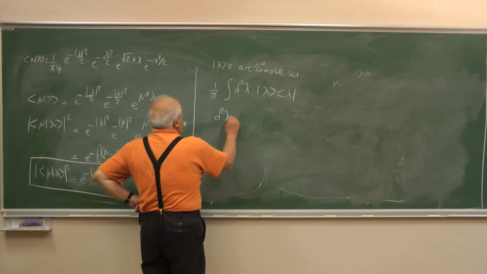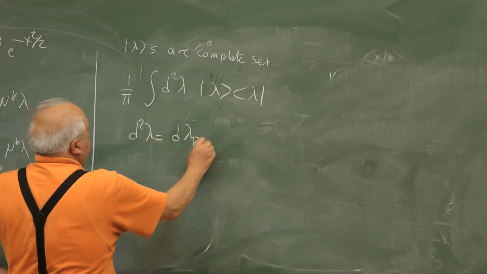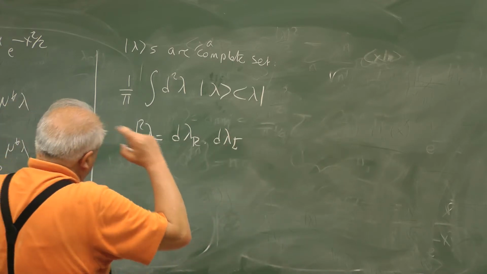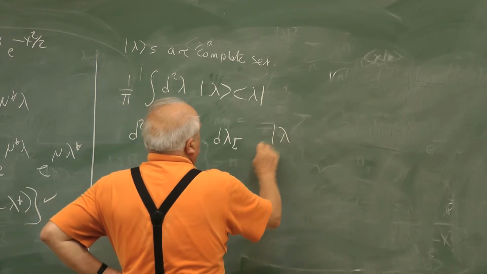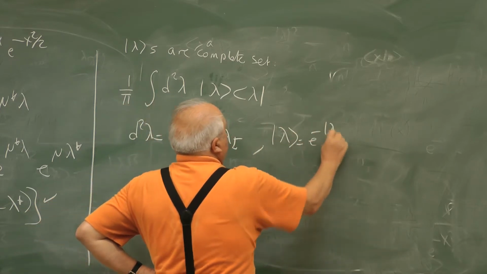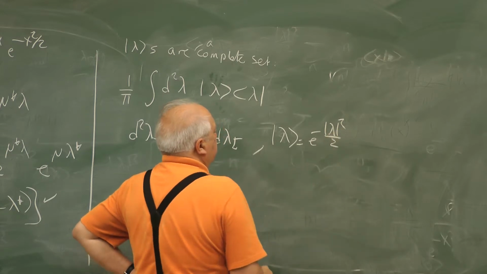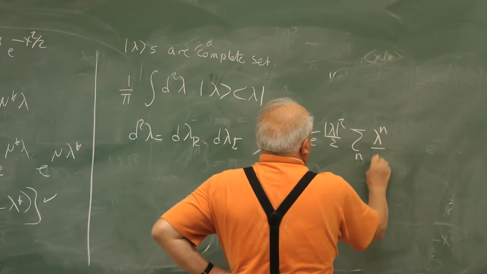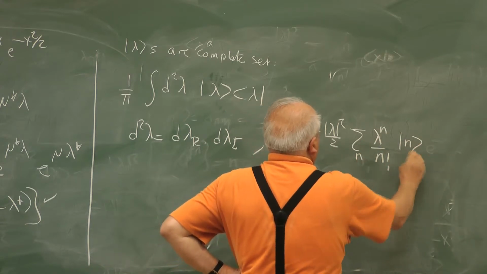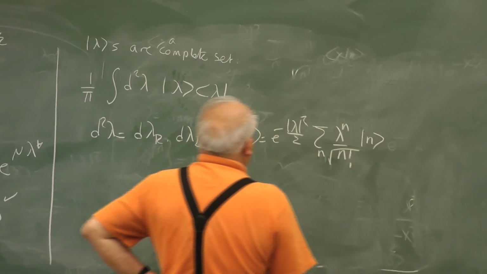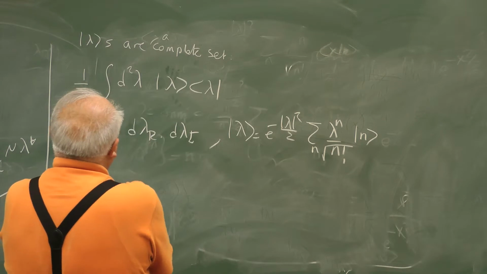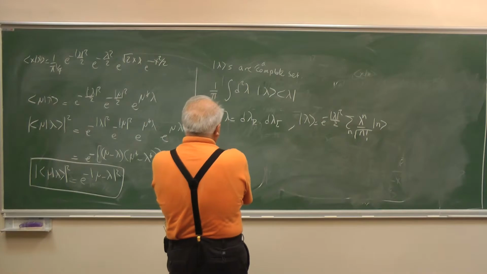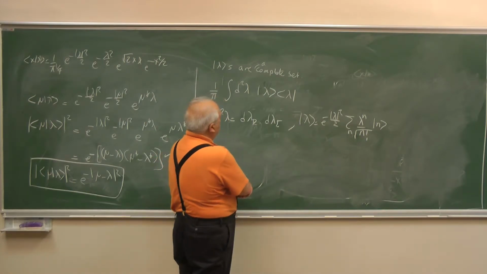D square lambda is d lambda real times d lambda imaginary. And the lambda state is e to the minus lambda absolute square over 2, sum over n, lambda to the n over root n factorial, n. So it turns out it is better to use polar coordinates.